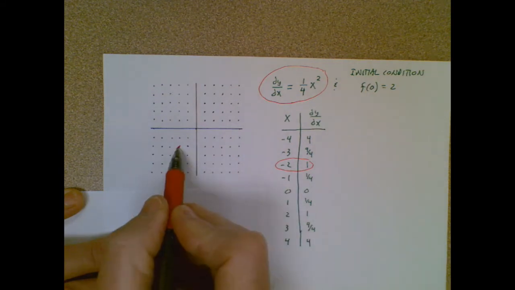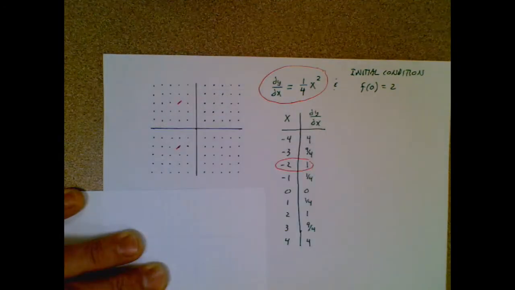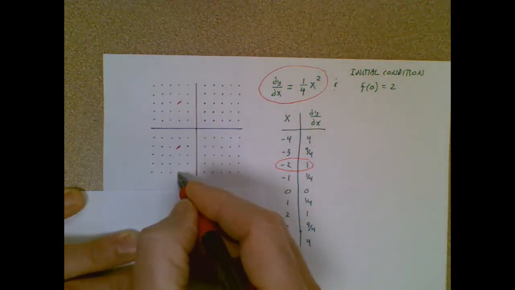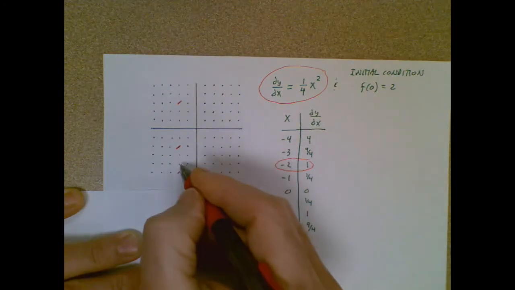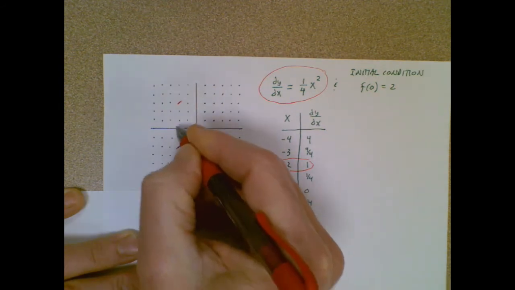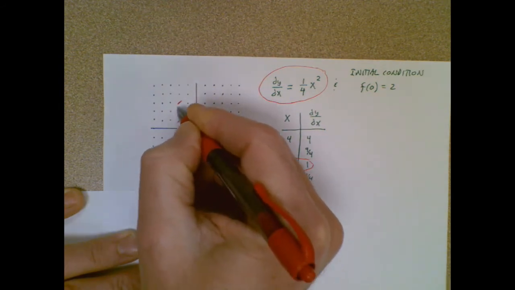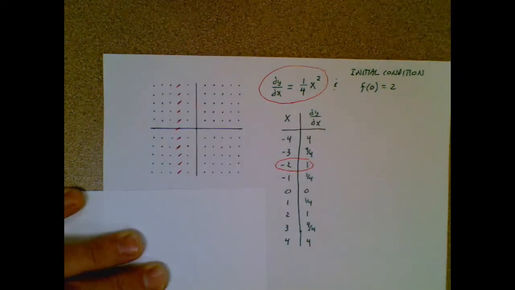Well, that's a spot where x is -2. But there's another spot that x is -2, and there's a spot down here where x is -2. So what this really means is for every x value of -2, I need to represent a slope of 1 with this little slash. That slash is just a visual representation that the slope there is 1.